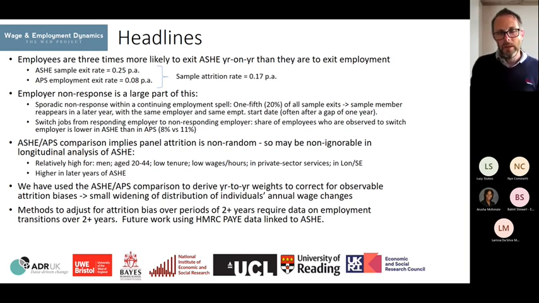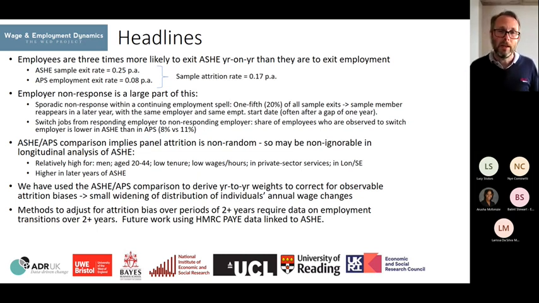Now, at the moment, these weights that we've constructed only adjust for attrition bias over a period of 1 year. So you can adjust for attrition between year 1 and year 2, or year T and year T plus 1. If you want to adjust for attrition bias over multiple years, so let's say you want to examine people's wages in year 1 and year 5, then that requires us to have some estimate of the probability that they've really left employment over a 5-year spell.